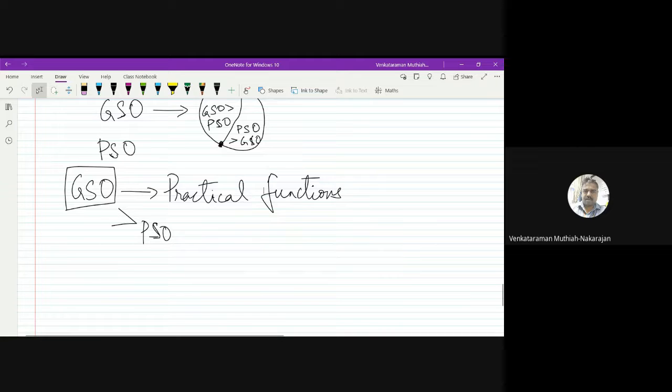Any questions? Yes, participants, if you want to ask questions regarding PSO, particle swarm optimization, sir has wonderfully demonstrated how that algorithm works in the MATLAB environment.